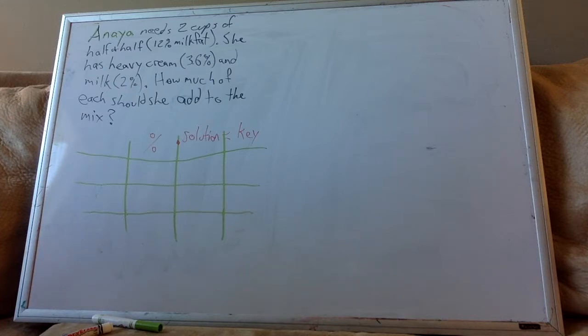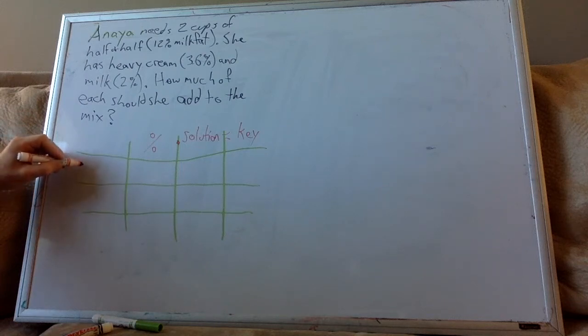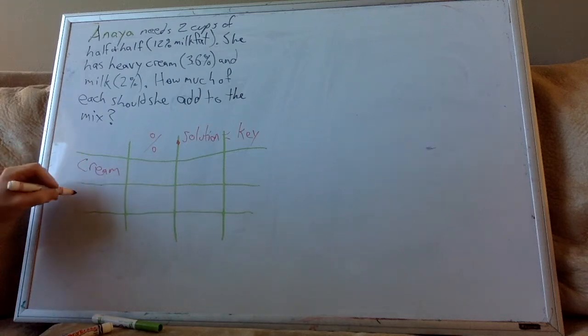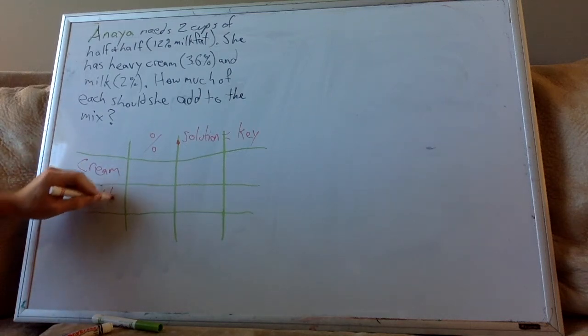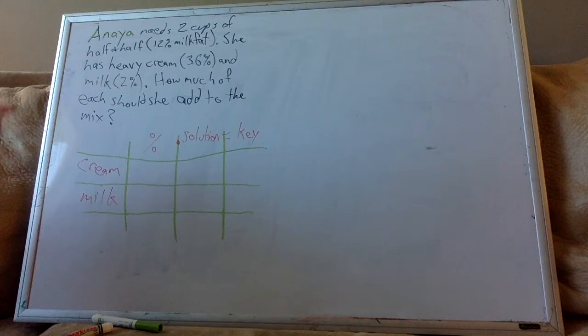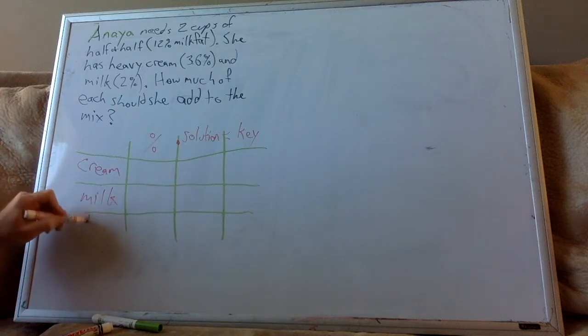So in this case, we have our heavy cream, we have our milk, and we have the thing that we want to create, which is our half and half.